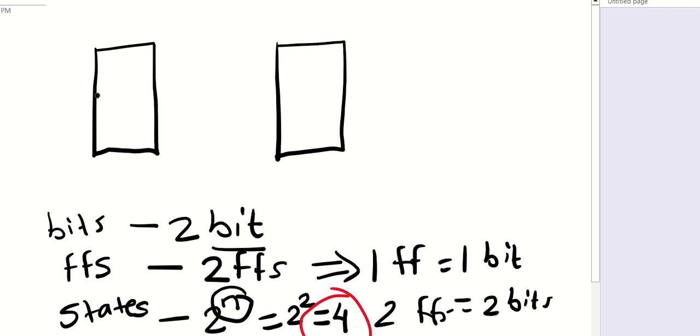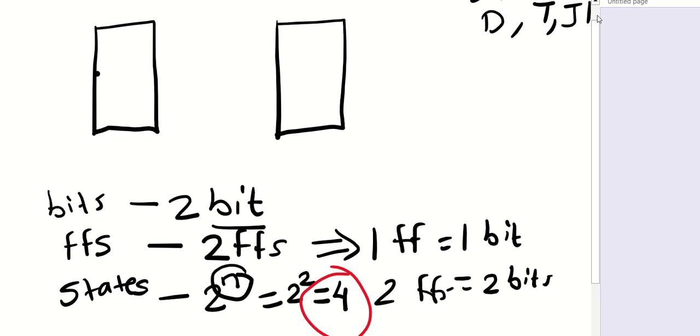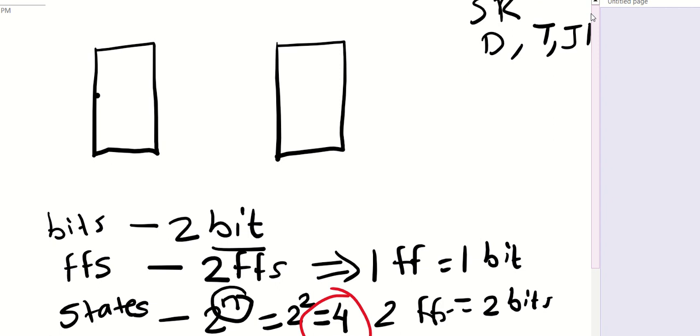So to design it, first, which type of flip-flop will you use? We have studied different types of flip-flop like SR flip-flop, D flip-flop, T flip-flop, and JK flip-flop. Okay. Now, which flip-flop are we going to use?